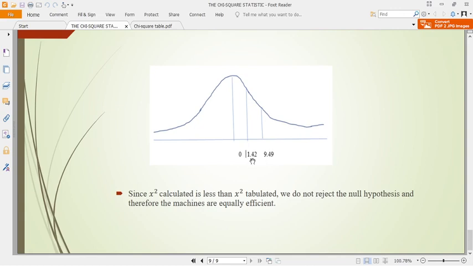And remember we said that when chi calculated is less than chi tabulated, we do not reject the null hypothesis, but when chi calculated is greater than chi tabulated, we reject the null hypothesis. So for this case, our chi calculated is less than chi tabulated, so we do not reject the null hypothesis, and therefore there is not enough evidence that these machines are not equally efficient.